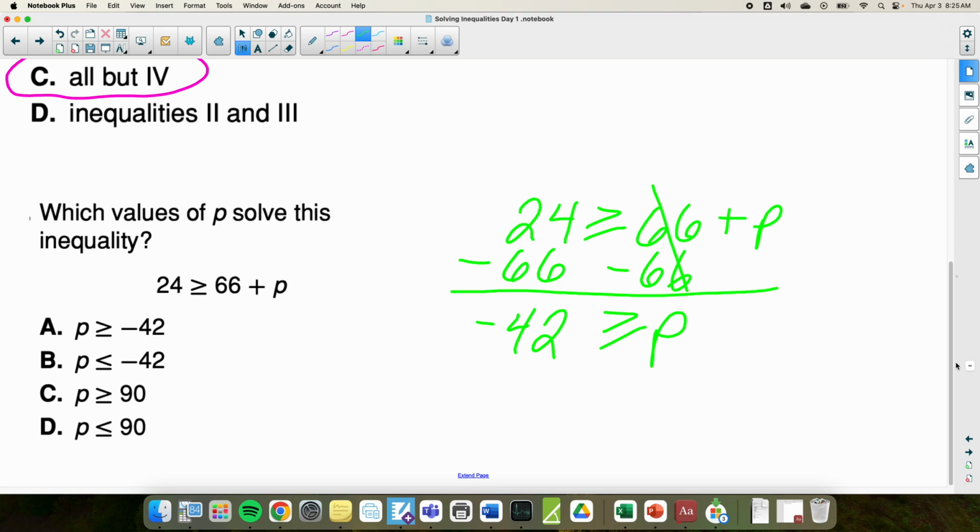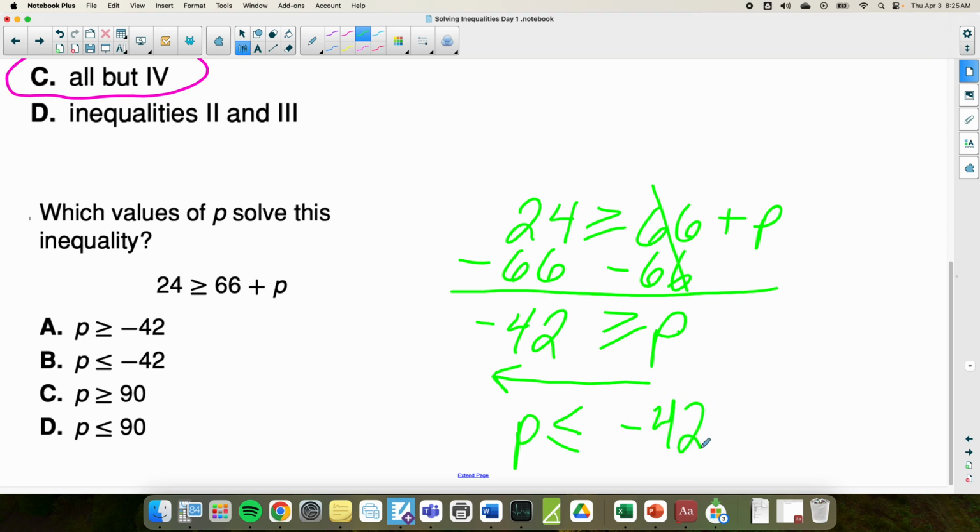How you rewrite it, I could explain it one of two ways. One way you could think of it is you're looking at it from right to left. So p, and notice the less than sign is going towards p. You know, my little v is going towards p. So that sign would switch, okay? And then it would be negative 42.